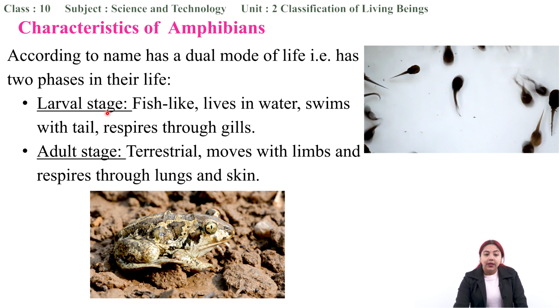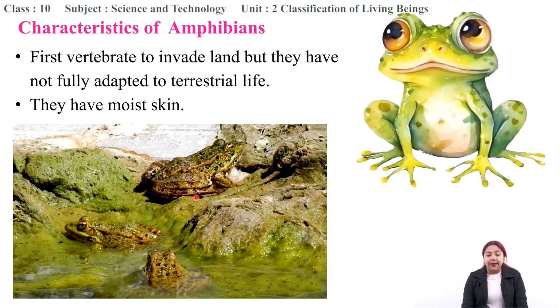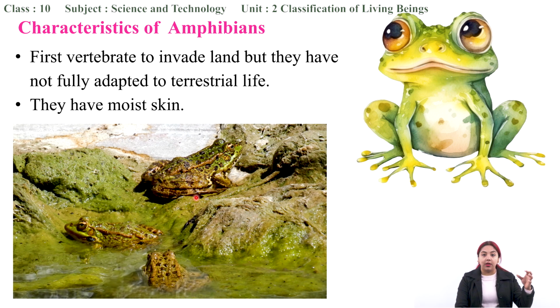Since they can live both in water and in land, they are called amphibians, that is, having a dual mode of life. Another characteristic of amphibians is that they are the first vertebrates to invade the land. I've already told you this while explaining the evolution of amphibians from Pisces.